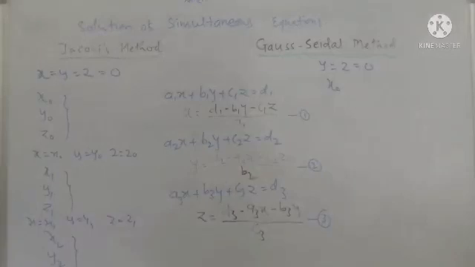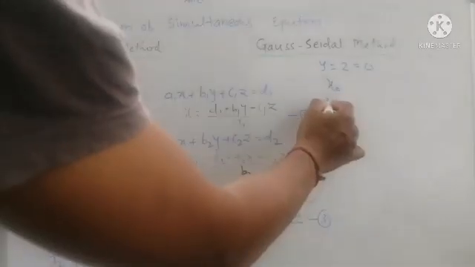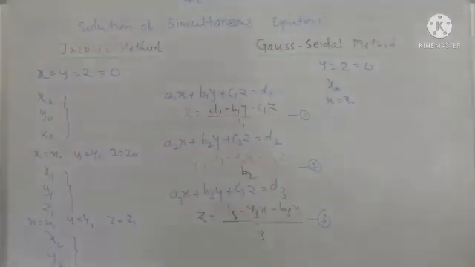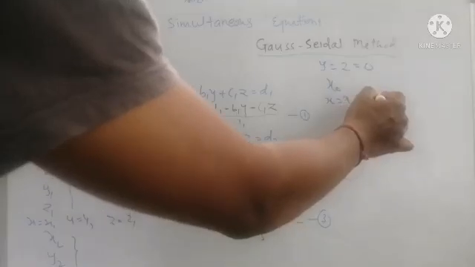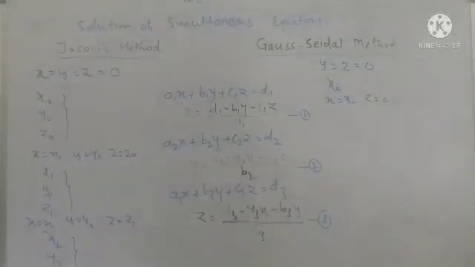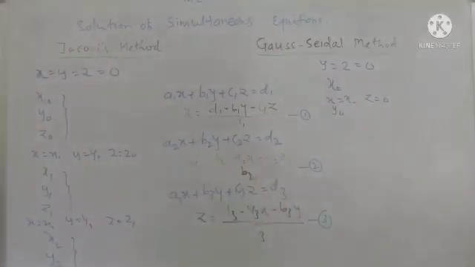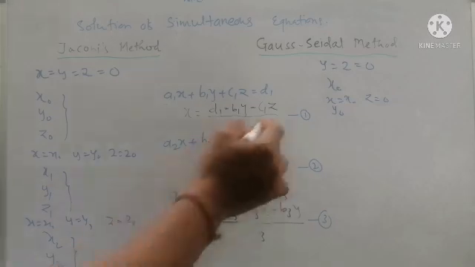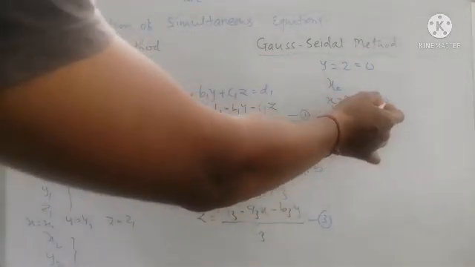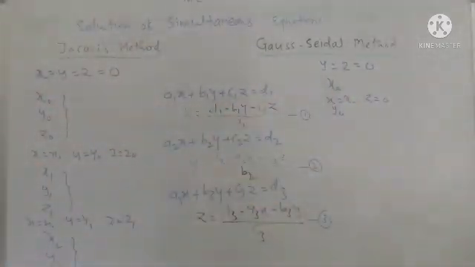Now we take this x0 as x, and as we define z as 0, by putting these values in equation 2, we get the value y0. Do you understand? By taking x as x0 and z as 0, we get y0.